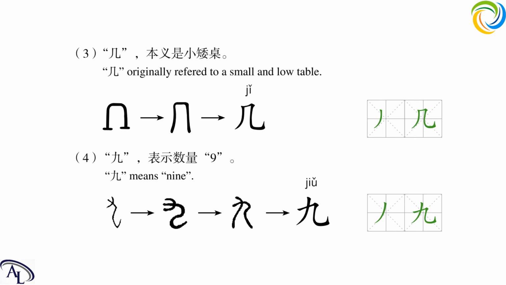It originally actually referred to a small or low table. Now it means how many, and it still sometimes means a low table. Try to write it, first a left turning and then a horizontal turning curved hook. Okay, write again, left turning, horizontal turning curved hook. This is 几, really easy.